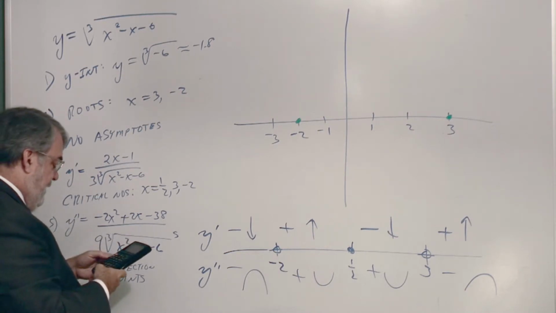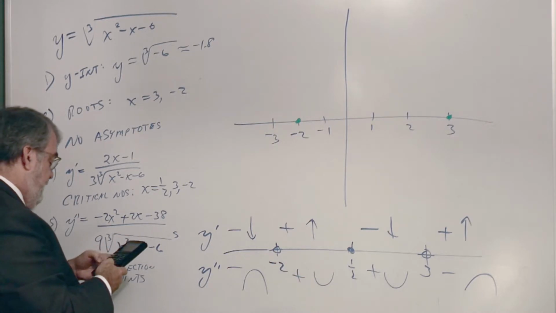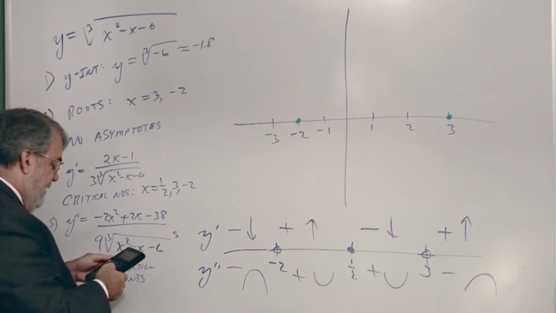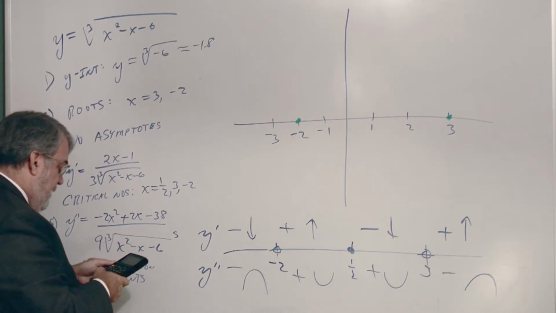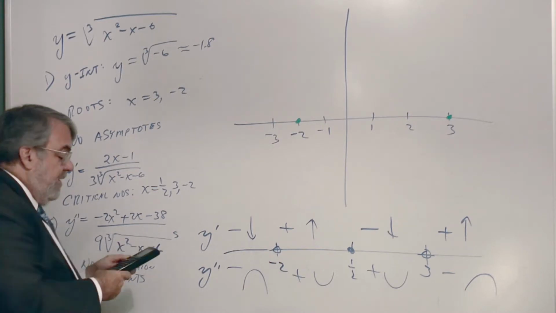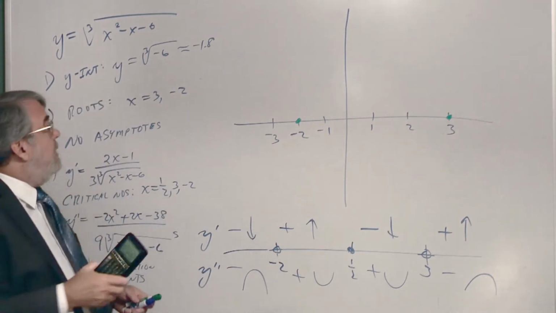All right, so let me see. I've got x squared minus x minus 6. That's negative 6.25. Now if I raise that to the 1/3 power, I'll get a negative 1.84. About 1.84.